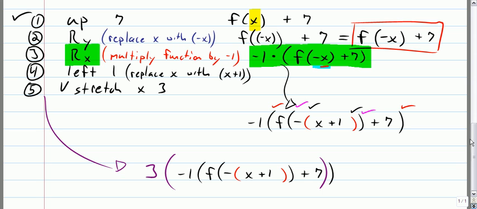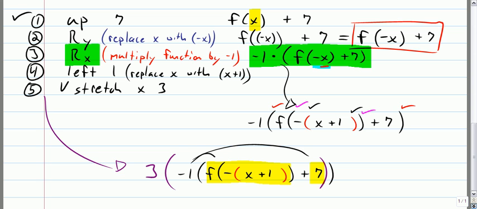Now, I could simplify that a little. You could certainly simplify that, or you could leave that. If you look at the terms we have here, inside we have this piece here, and you've got the plus 7. So you could certainly distribute this minus 1 to each of those yellow pieces.